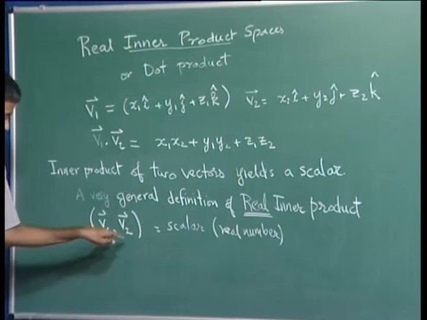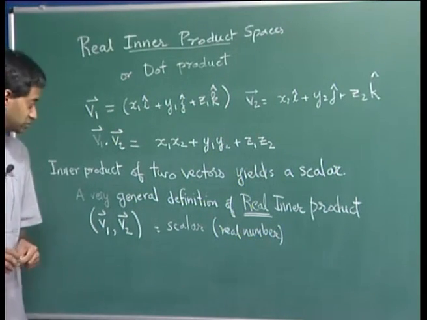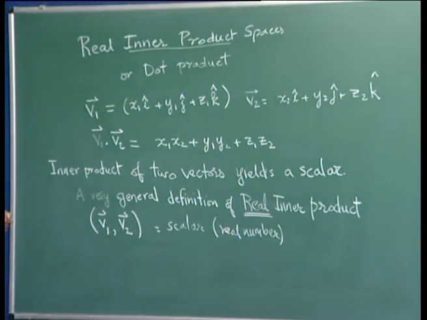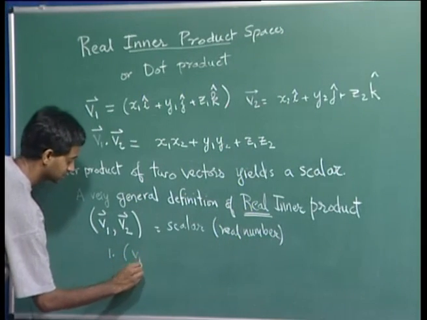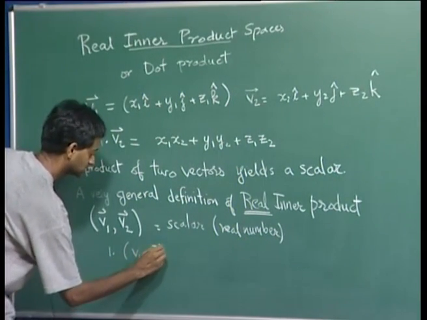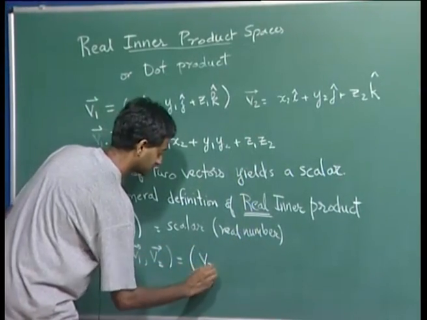Now this is defined for any two vectors, and depending on the vector space you are considering, you can have the appropriate definition of the inner product. In fact there is no unique definition of inner product, and you can define many inner products, and any product that satisfies two conditions is a valid inner product. The first condition is that the inner product is commutative.